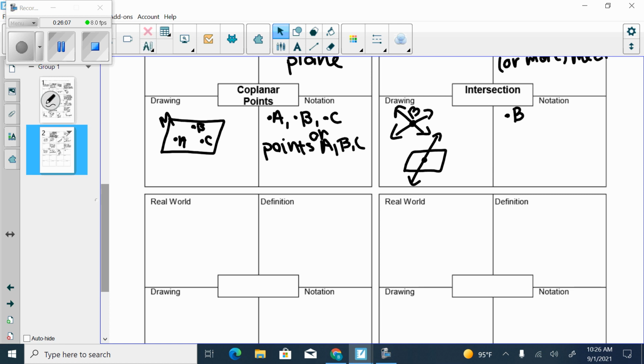I know you can't really tell because I'm no artist here. But my plane, I'm going to say, is like this. Okay? The line I drew went through it, came out the other side. So they're just touching at that one spot. Does that make sense? I know I'm not very good at drawing, but that's what I was trying to do. Okay? So that's our second example.